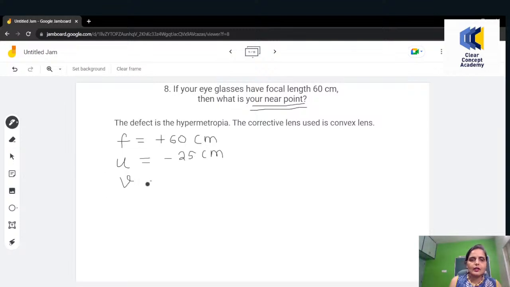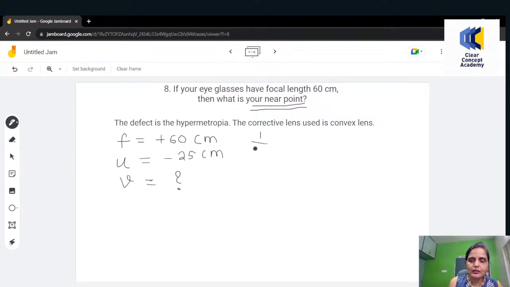Now V is the shifted near point. We have to find the near point of the defective person, so we have to find V. Here three quantities are involved: focal length, object distance, image distance. When U, V and F are involved, we use the lens formula.